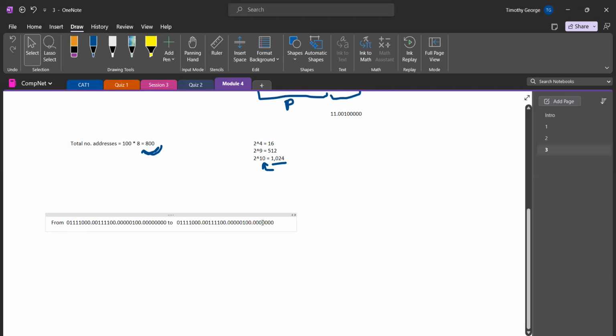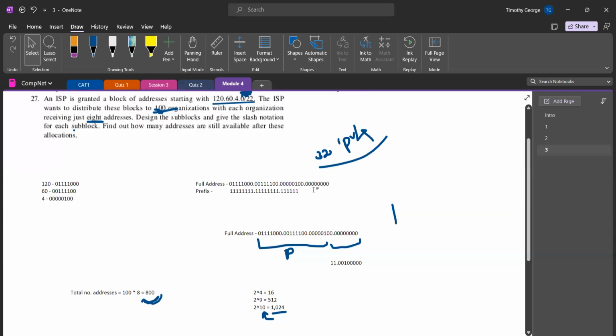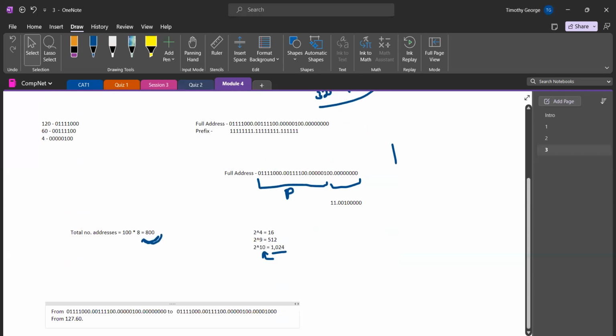till 8. So that's going to be 1, 1, 1. No, no, no. 1, 0, 0. Or we can write this in simpler forms. In decimal form, it will be 127.60.4.0 to 127.60.4.8.